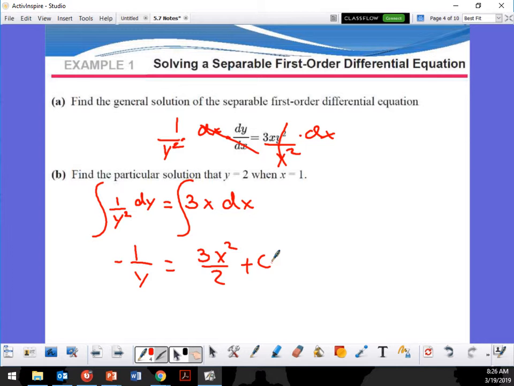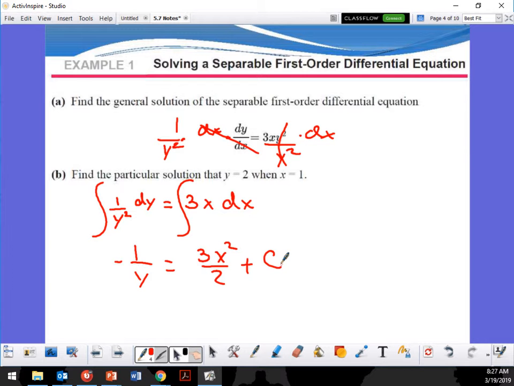So this would be plus c1, and this would be plus c2. But they're constants, right? If I add this and this, it just gives me some constant anyway. So 2 times the constant is just still a constant. Does that make sense? So instead of writing two separate ones, I am just going to write one single c that's eventually going to come up.